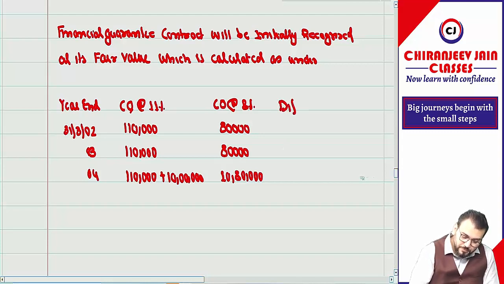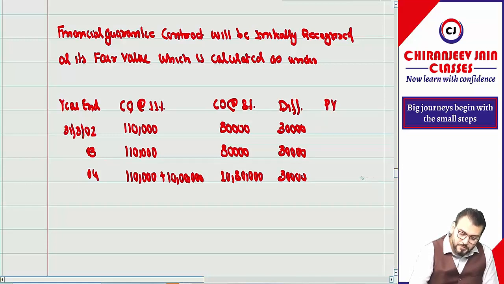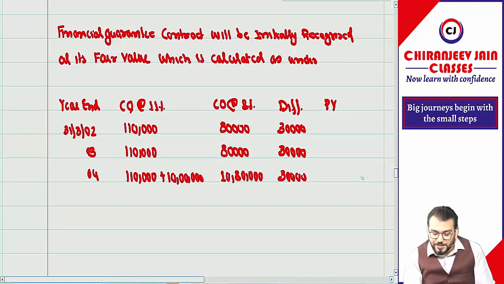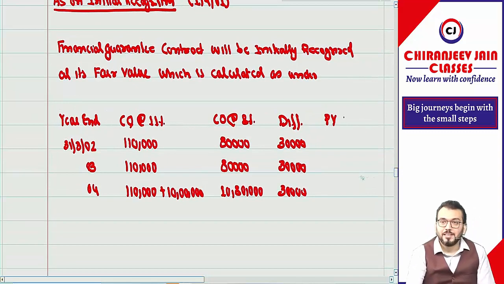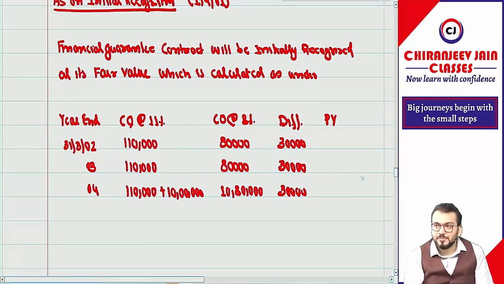Difference, it is 30,000, 30,000, 30,000. Can you give me present value at what rate? At 11%, at 8%, 3%?